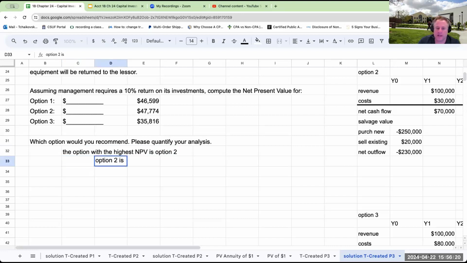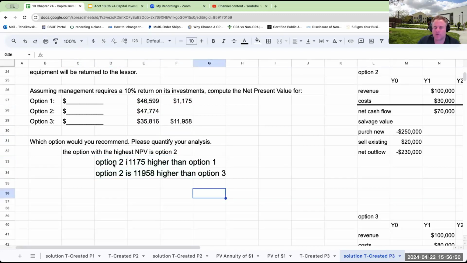Option 2 is $1,175 higher than option 1. And option 2 is 11,958 higher than option 3. Now, what we could also go through and do is further quantify these.